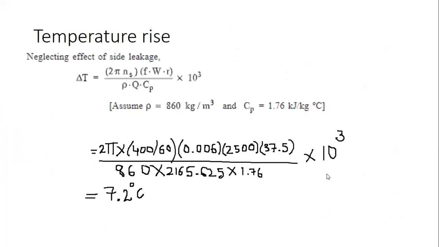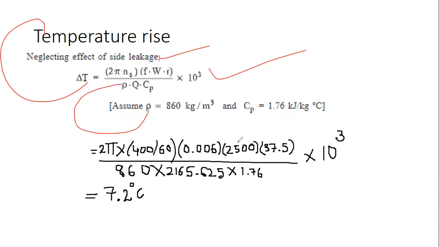Last thing they've asked is temperature rise, delta T. But they've not specified certain values, or they've not told us how to do it. We'll neglect the effect of side leakage. And we'll proceed with this equation: 2 pi Ns FWR upon rho Q Cp 10 raised to 3, where rho is the density, standard value 860 kilogram per meter cube.